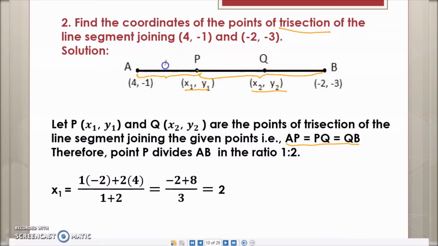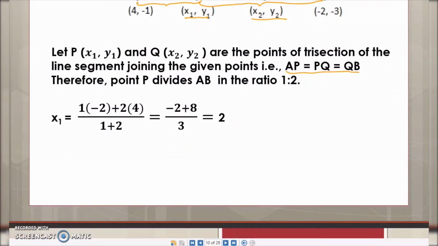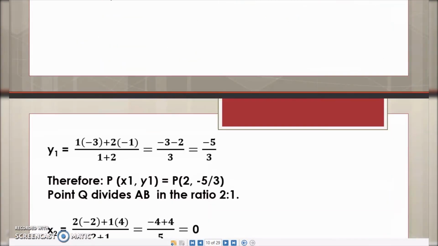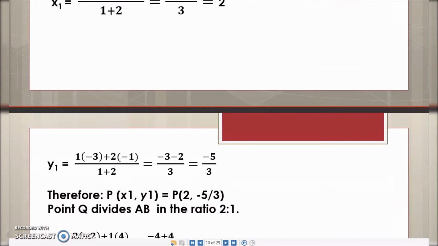So the ratio is 1 is to 2 in first case. When you are finding this point P, that time you will take it as 1 is to 2. And then apply the section formula to obtain the coordinates x1 and y1. So the coordinates that you obtain after applying section formula is x1 equal to 2 and y1 equal to -5 by 3.